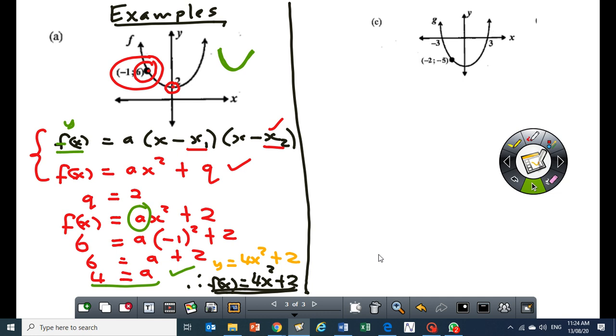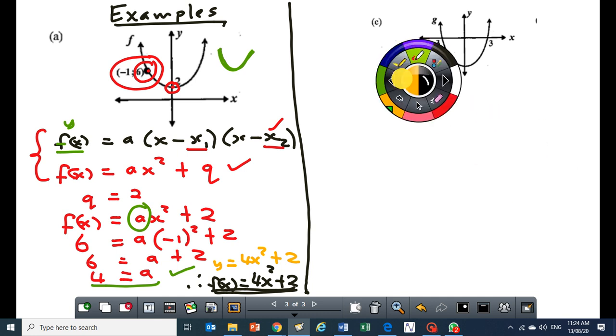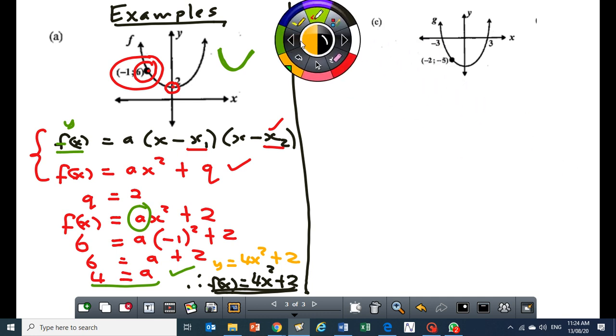Alright. So, if you look at C now, based on these two equations, you look at C, you find that our x1 is there. I can call this one my x1, I can call it equal to minus 3. In my case, I prefer to take the negative of the x-intercepts as my x1.